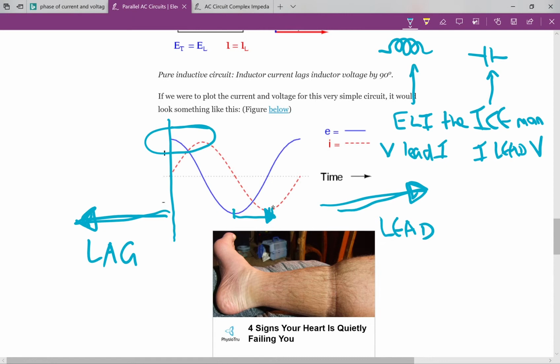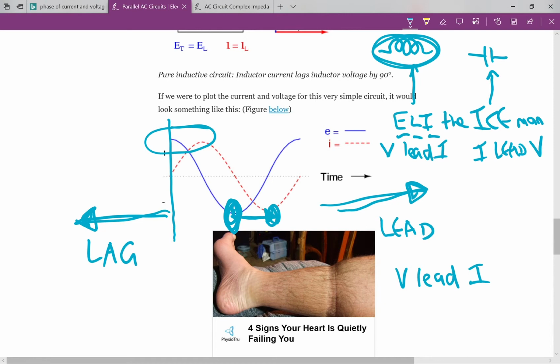And we know that voltage, which is the blue curve, V, leads current, which is the red curve in this circuit. Okay, we know that if voltage leads current, so voltage in an inductive circuit leads current, it is an inductive circuit. So when we draw our arrow going to the right, we say this leads this.